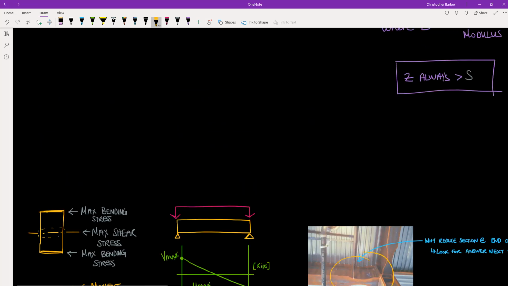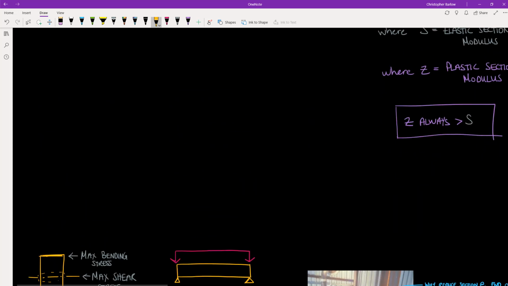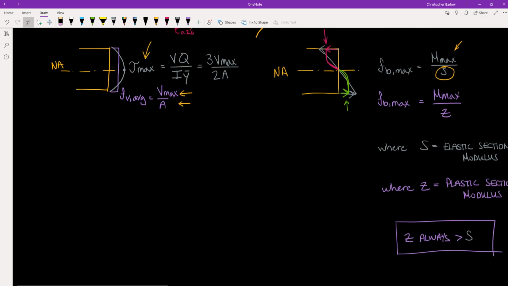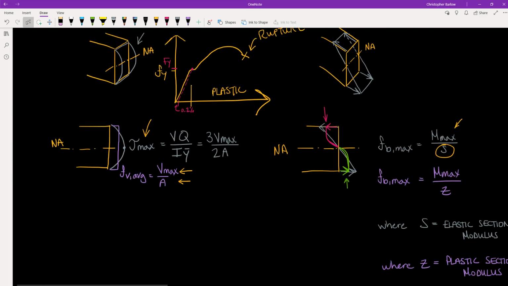For ultimate load design, however, we allow for a slight amount of plastic deformation and thus redistribution of shear stresses and bending stresses into a more uniform average shear stress and a more uniform plastic bending stress profile. But that's only for ultimate load design.